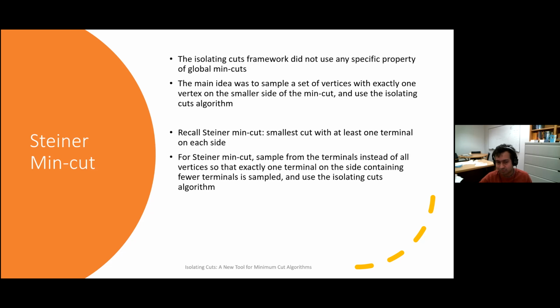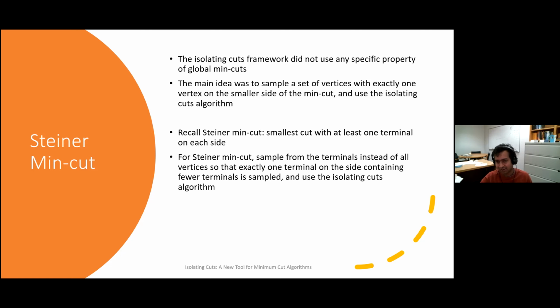So all I need to do if I want to use isolating cuts is simply sample from the terminals rather than all the vertices. If I sample from all the terminals instead of all vertices, then at the right rate of sampling, I'll again ensure that I have exactly one terminal on the side containing fewer terminals.